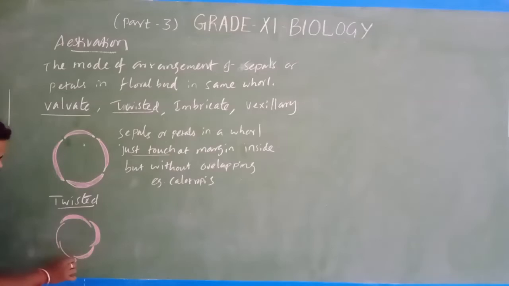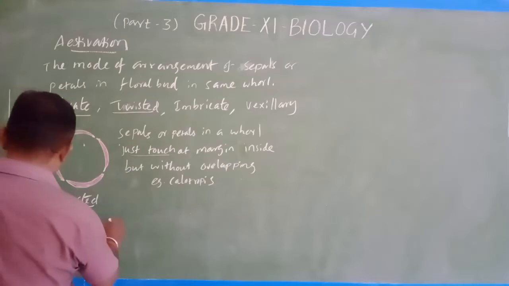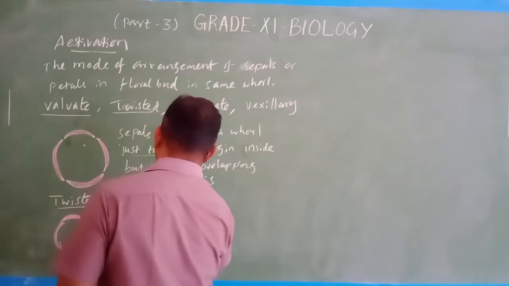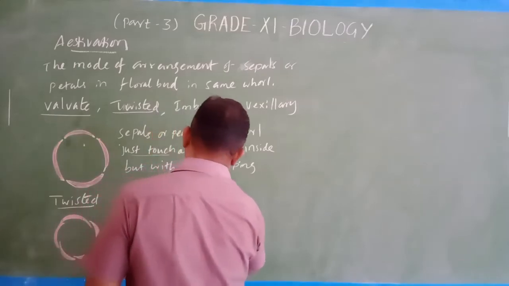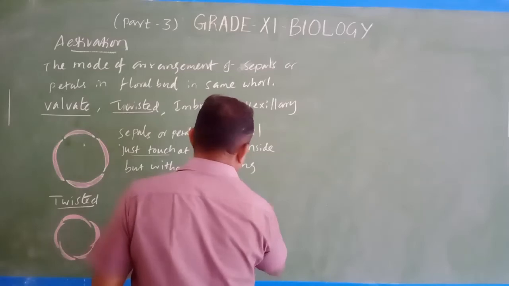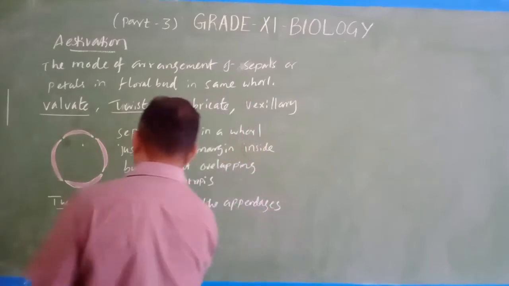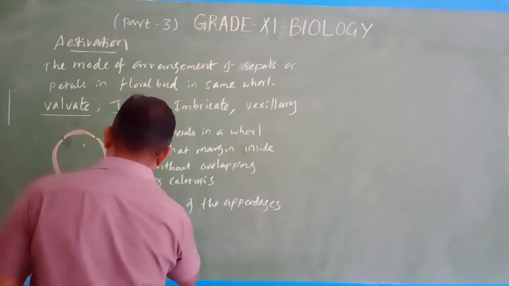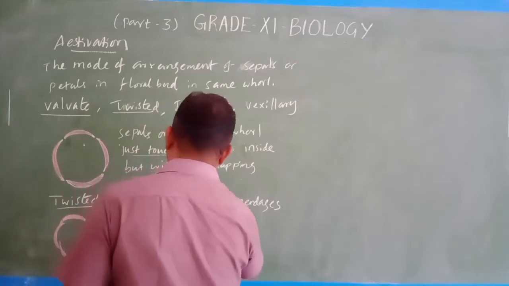Before that we have seen what? Before that it is called valvate. Here one margin of the appendages overlaps the next one.